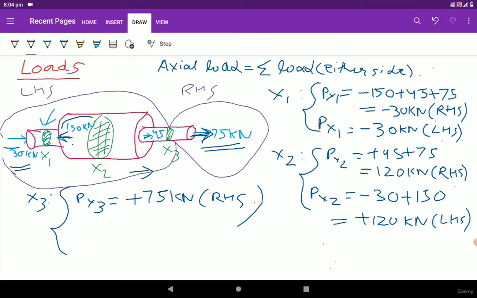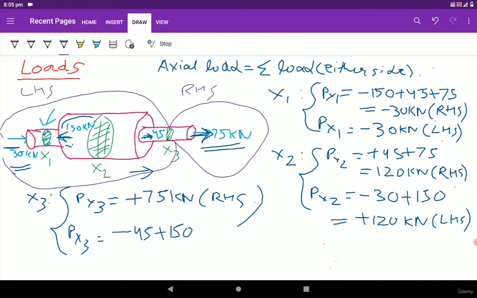So Px3 is equal to, from the left hand side we can see first a compressive loading of 45 kilonewton is acting, so we are going to write minus 45, and a tensile loading of 150 kilonewton, which is away from the x3 cross section, so we are going to take it as tensile loading and give a positive sign, that is plus 150 kilonewton, and also minus 30 kilonewton, that is the compressive loading of 30 kilonewton force is acting, so we are going to take minus 30.